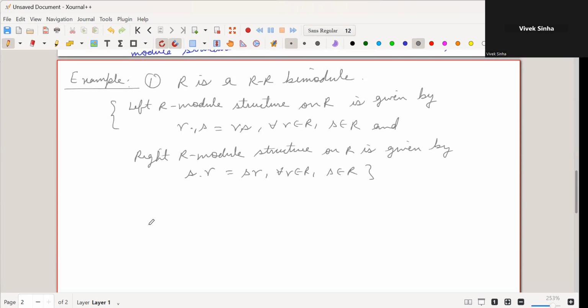Okay. The second interesting example is this: let M be a left R module, then any left R module is always an RZ bimodule.